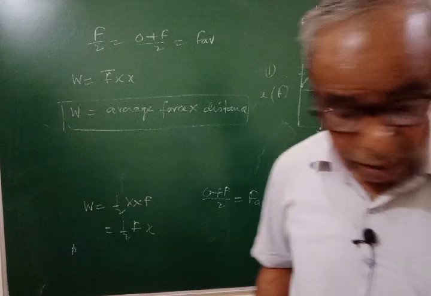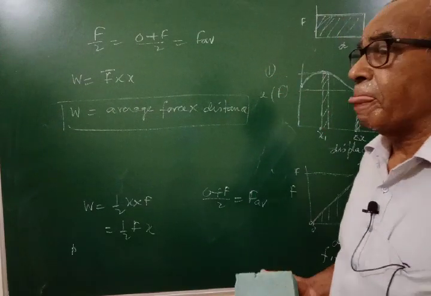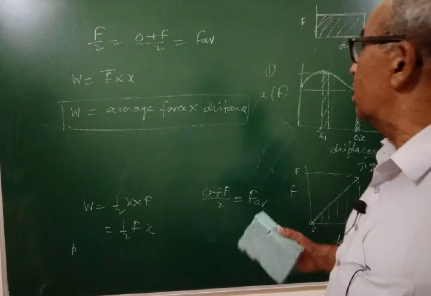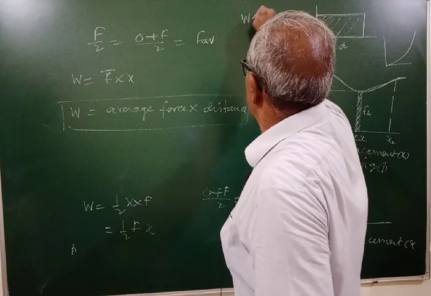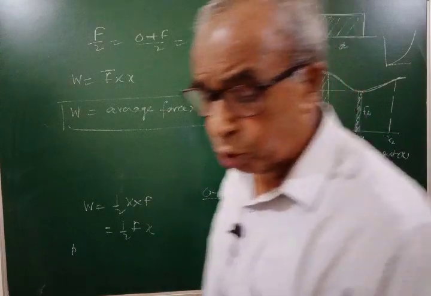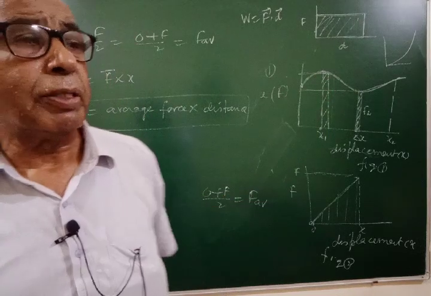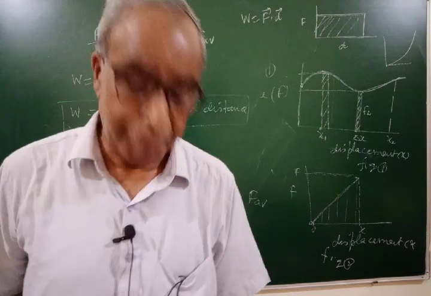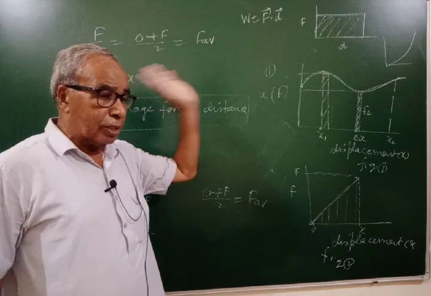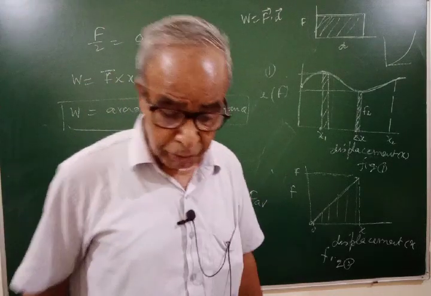I hope you have got the concept of work here. Basically F dot D is the general definition of work. But the problem came that force may not be constant. If force is constant, then it is simple: force into displacement and the angle between them can be multiplied together. But if the force varies, then work can be calculated by different methods, by finding the area under the graph, by integration, and then average force.